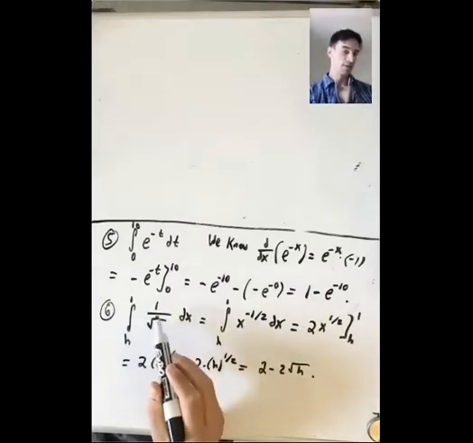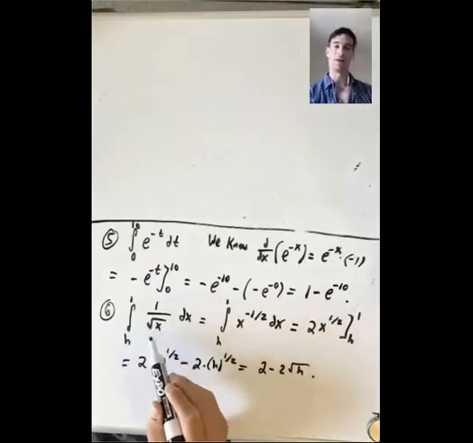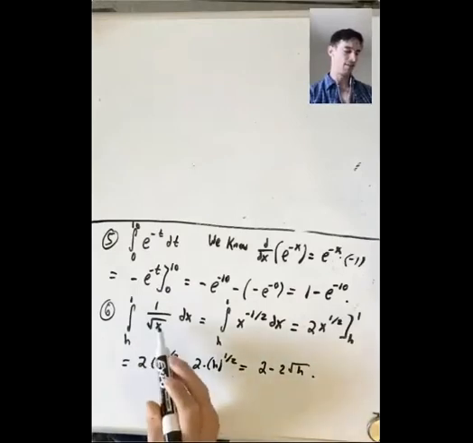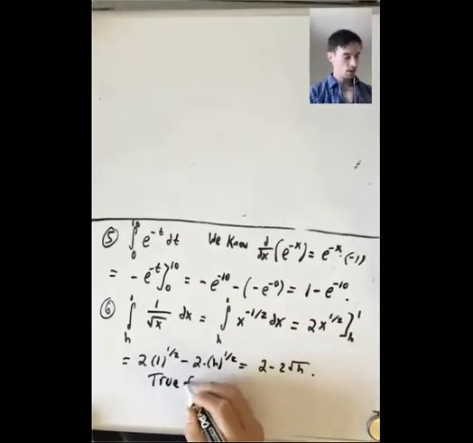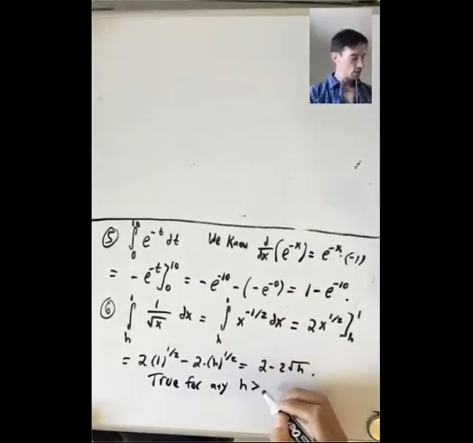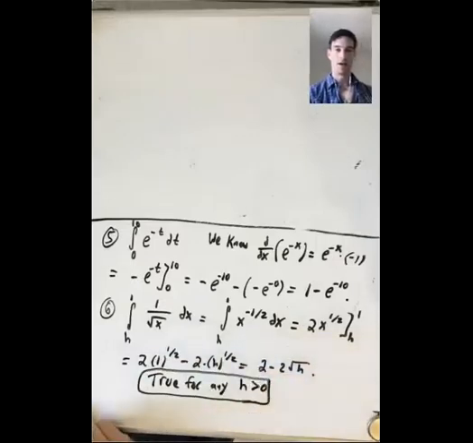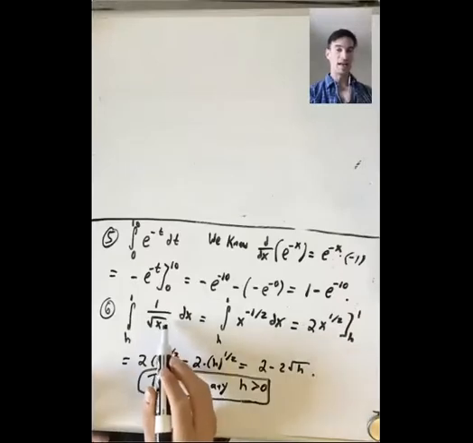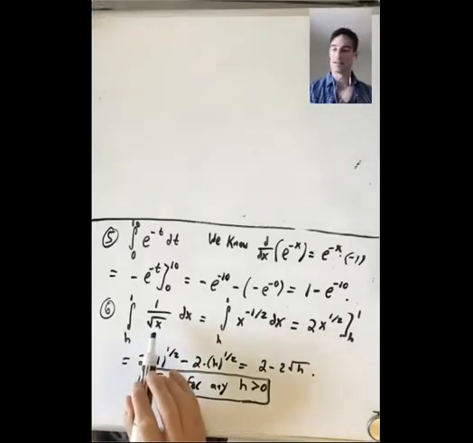It's not even really defined when x is negative, because a square root of a negative number is some imaginary complex number. So this is true for any h greater than 0. Okay, so when applying FTC2, you should at least take a second and think about where your function is continuous and defined.